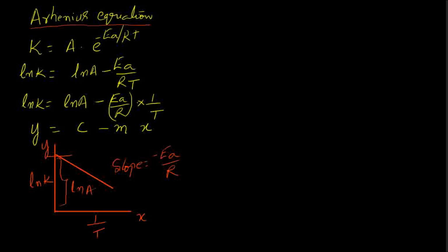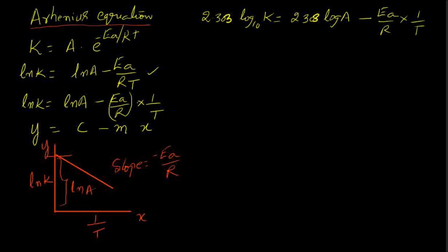So this equation is 2.303 log base 10 k equals 2.303 log base 10 A minus Ea by R into 1 by T. This equation is divided by 2.303 on both sides.